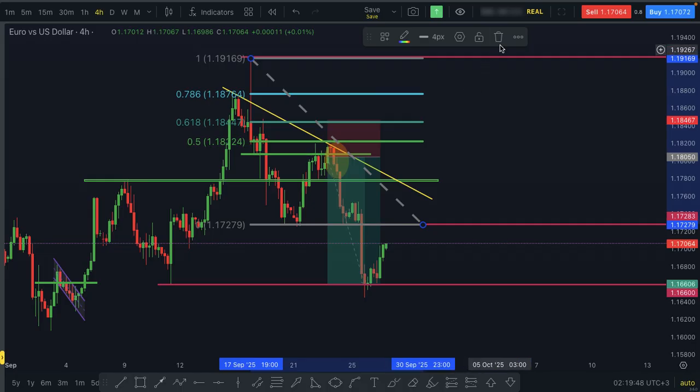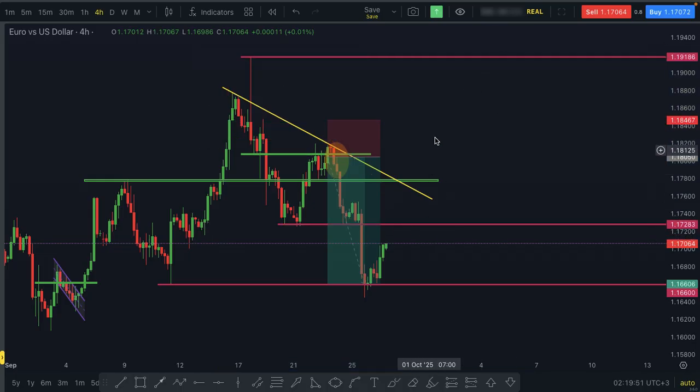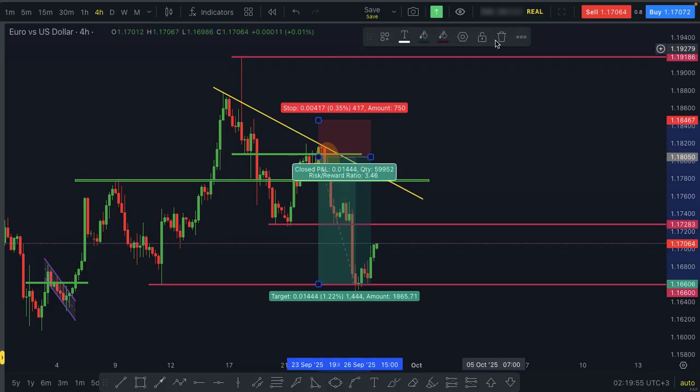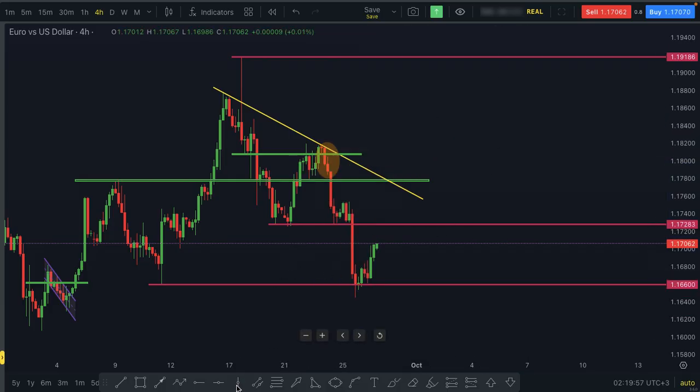So currently, what could transform off this market? At this point, we can simply say the market headed at 1.166 to this zone, and then we're having a likely push.